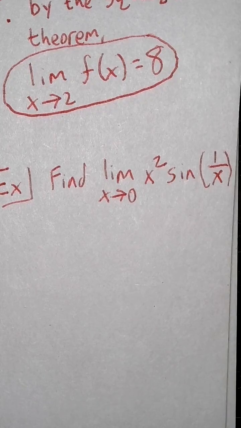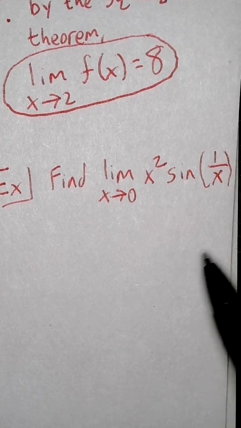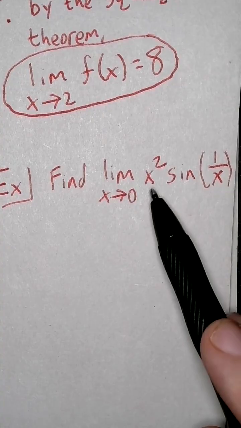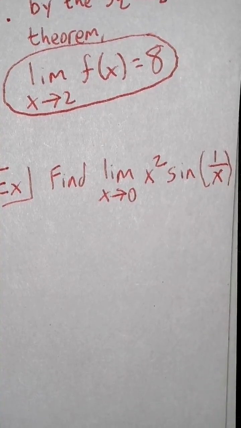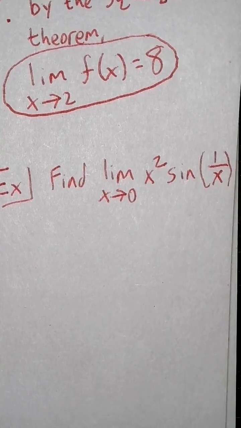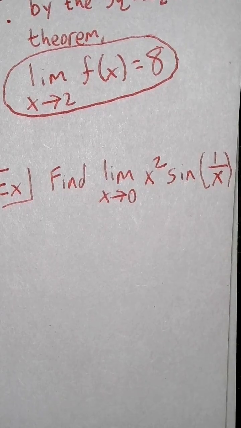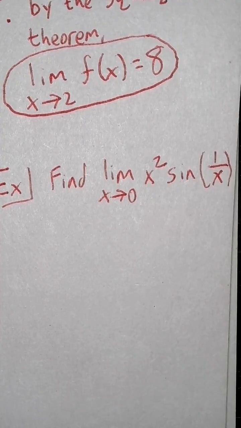So, here's what we're going to do. If I plug in 0 right now, will this function be defined? Yes or no? What do you think? Will this be defined at 0? Okay, Fem says yes. If it is, what would the value be?